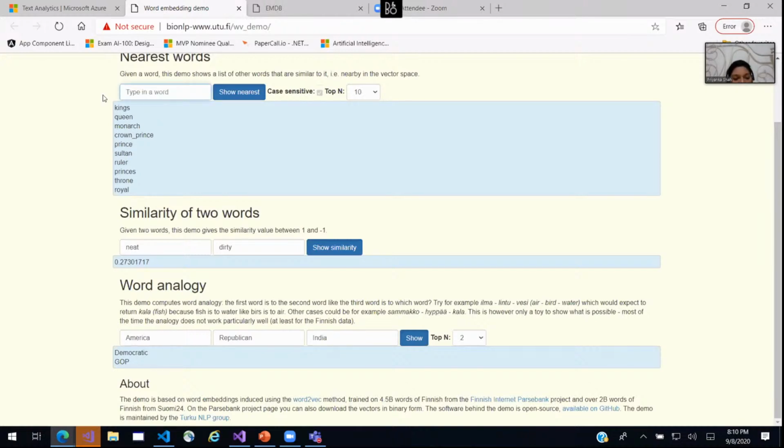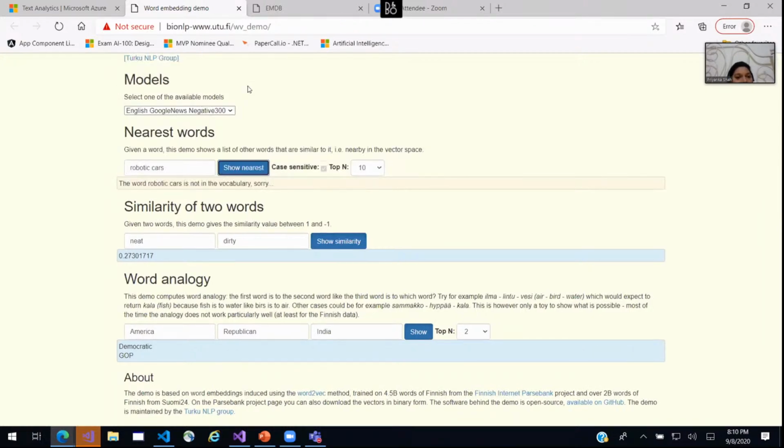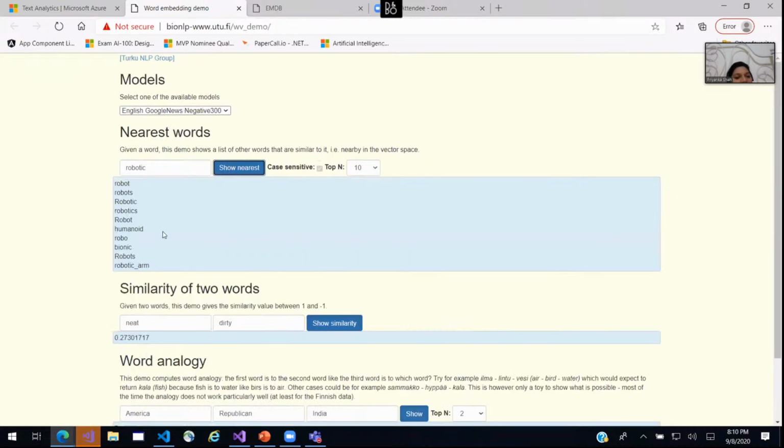Let us try. Right now, it is not there in the vocabulary, so it is not fed in the vocabulary, maybe just robotic, and it is giving me a humanoid or robotic arm, maybe bionic, yes. So good approximation, good semantic analysis.